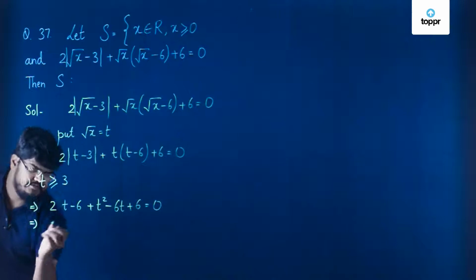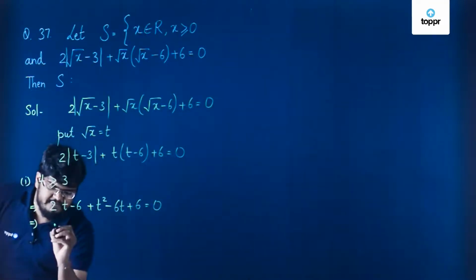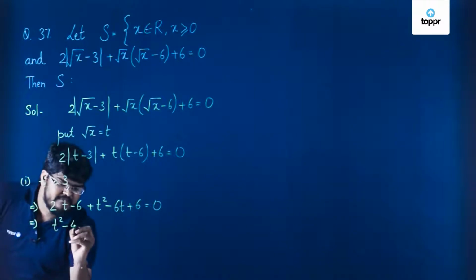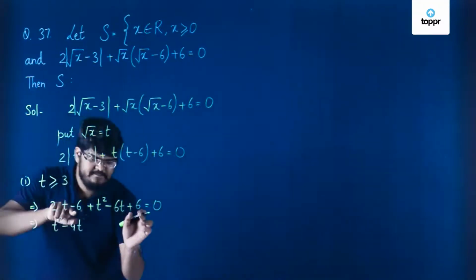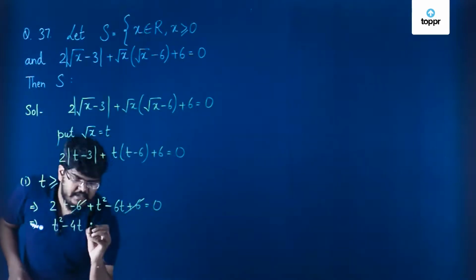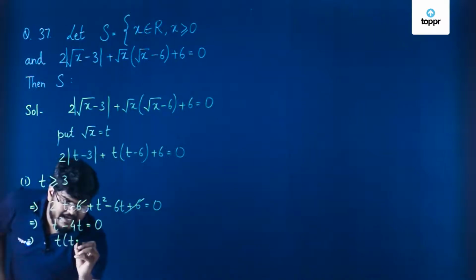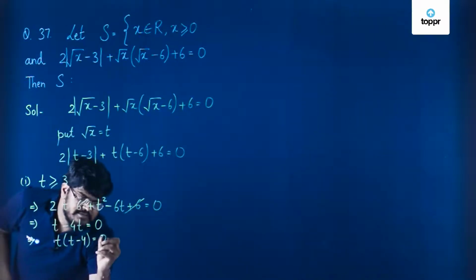Let's solve this further. 2t minus 6t is minus 4t, so t square minus 4t, then minus 6 plus 6 will cancel out, is equal to 0, which implies that t into t minus 4 is equal to 0.